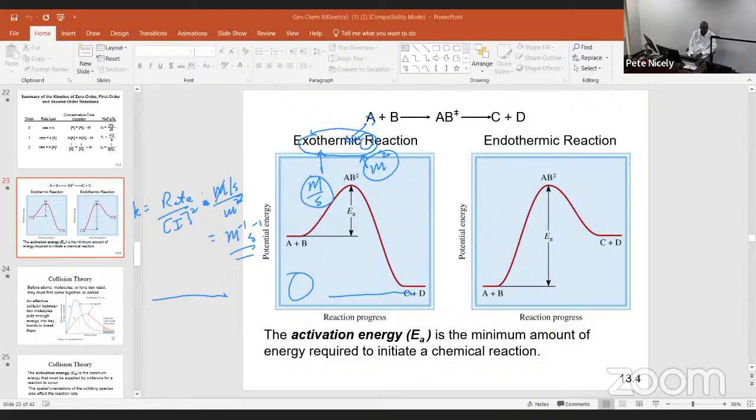You can look in your notes, feel free. What's the integrated rate law for the second order reaction?